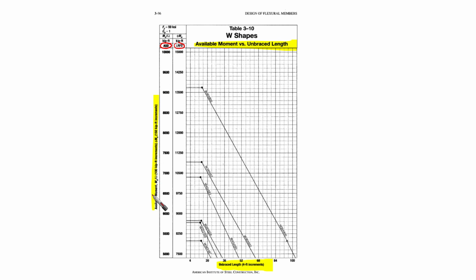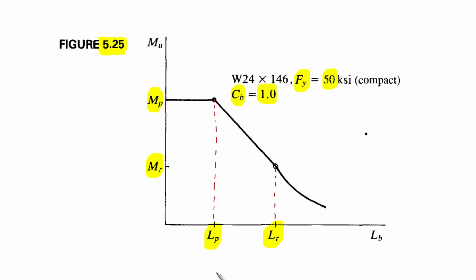Okay, and you are going to find that there is a vertical axis and a horizontal axis. The vertical axis is labeled by two different numbers here, and the horizontal axis is going to be the unbraced length. Let's go back to this simple chart that represents what we are going to see in these figures.